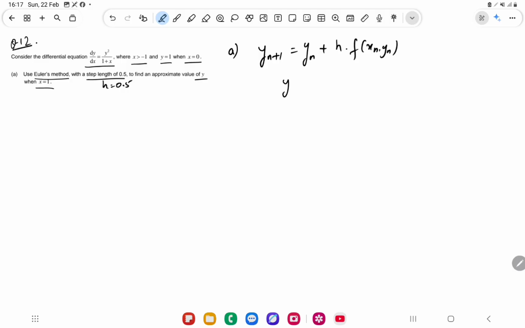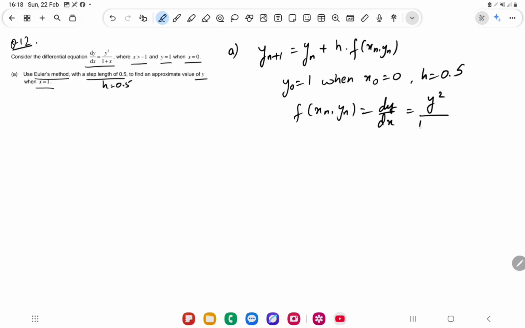What is the condition given to me? y naught is 1 when x naught is 0 and h is given as 0.5. So the function f of x_n comma y_n is nothing but dy by dx, which is y squared upon 1 plus x.